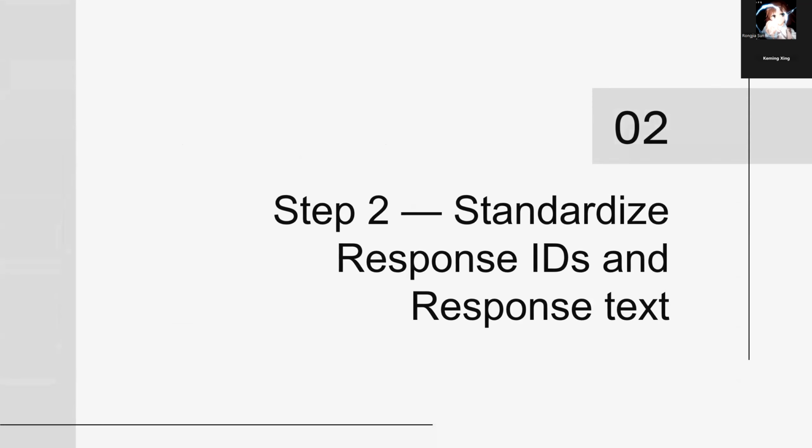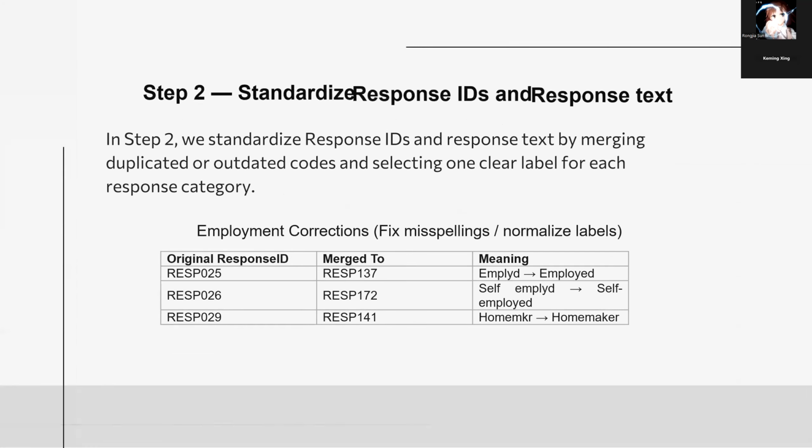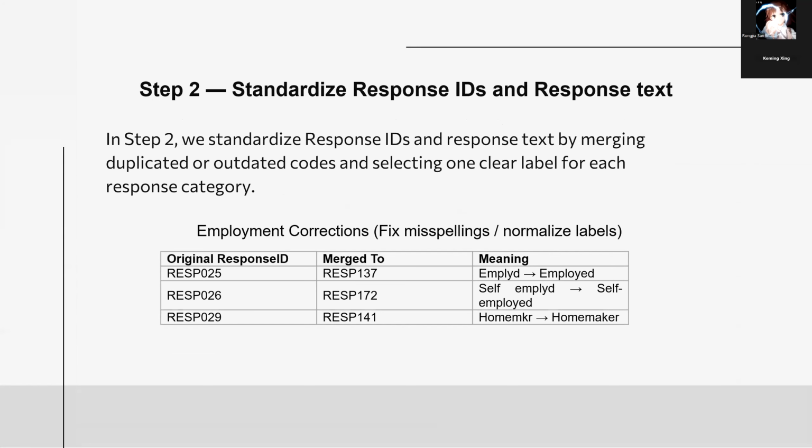The second step is about standardizing response IDs and response text. So in step two, we standardize both the response ID and the response text. The dataset contains many duplicated and outdated response codes, spelling mistakes, and inconsistent category labels. We merged these old codes into a single correct ID and selected one clean text label for each response.